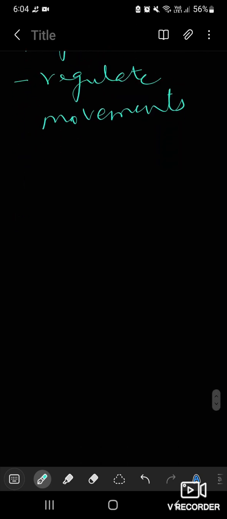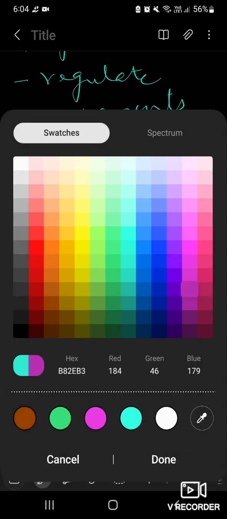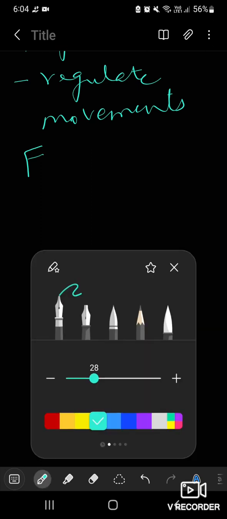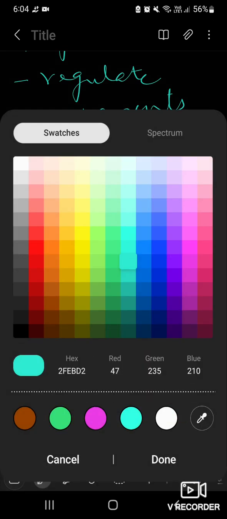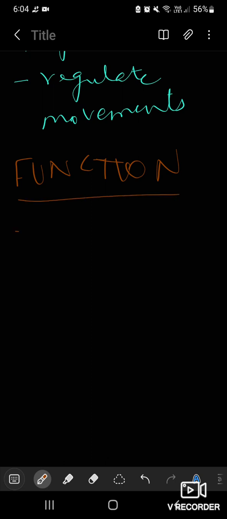Now coming to its functions, right? Let's pick another color. Yeah, let's just pick that. Function. So yeah, function, as we spoke about earlier, it is motility, and then we have aids in chemotaxis.